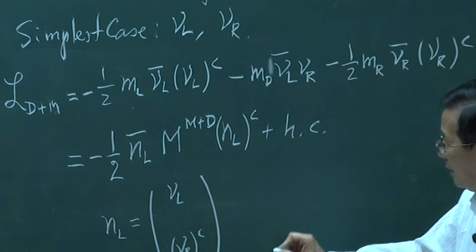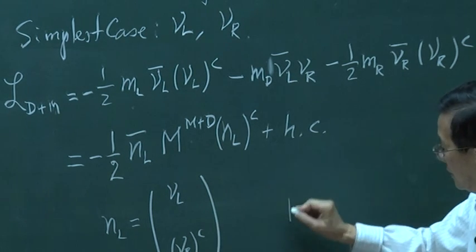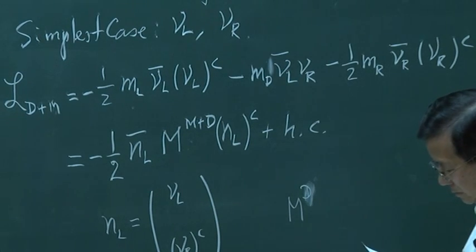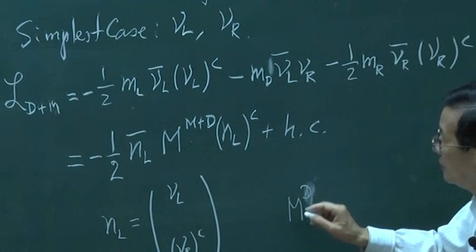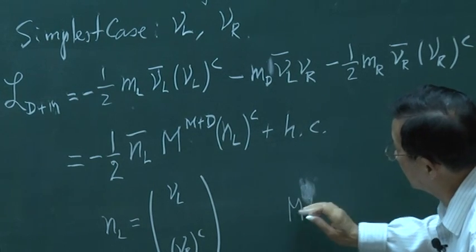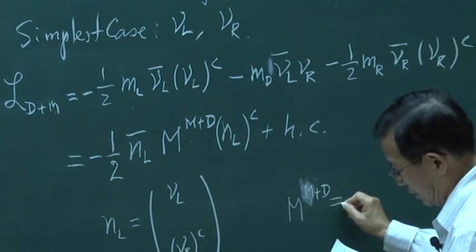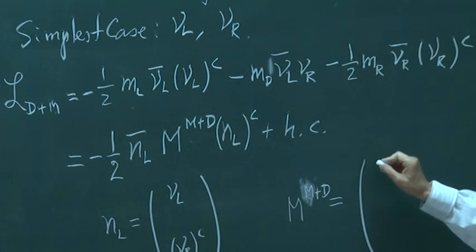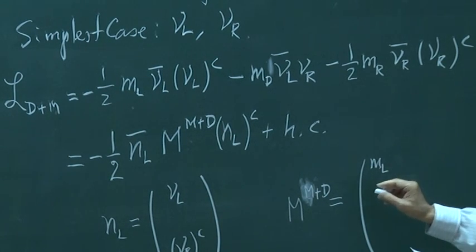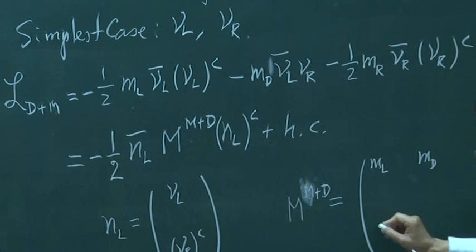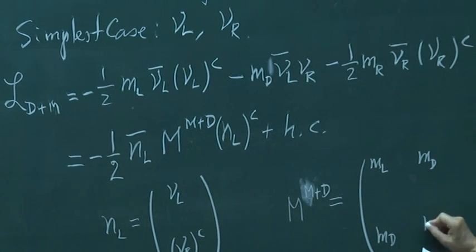And then the mass matrix M, D plus M, will have the following form: M L, M D, M D, M R.